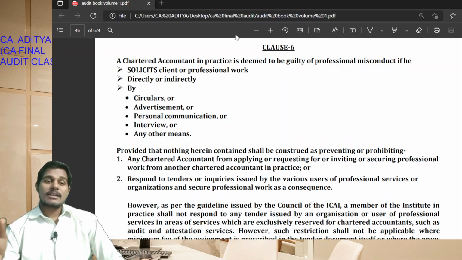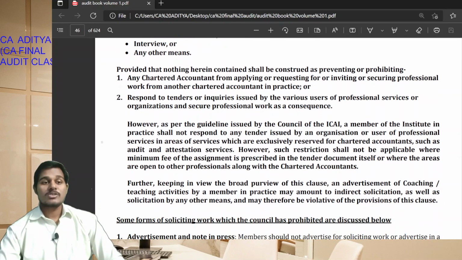by circular, advertisement, personal communication, interview, or by any other means, provided that nothing herein contained shall be considered as prevention or prohibition. See students, nothing contained here shall say that a chartered accountant has done a professional misconduct.